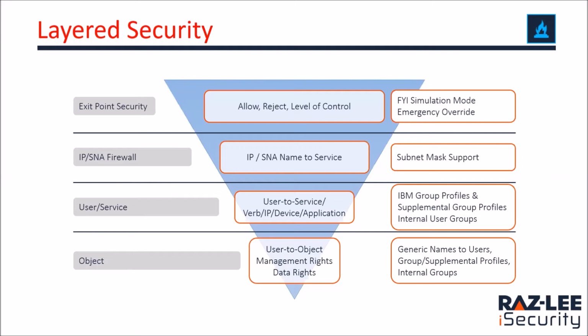And then it has the name-to-service firewall, and then it has the user-to-service hardware. And finally, it has an object layer security. So we can have profile groups, and we can group our users and know which objects they can work with, what management rights they have, what data rights they have.